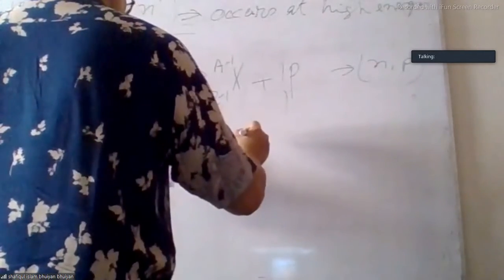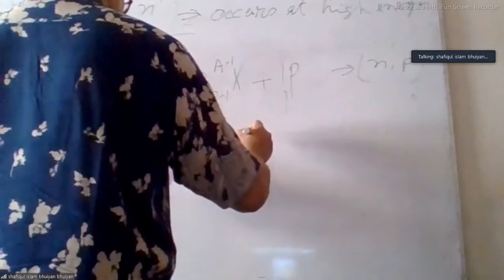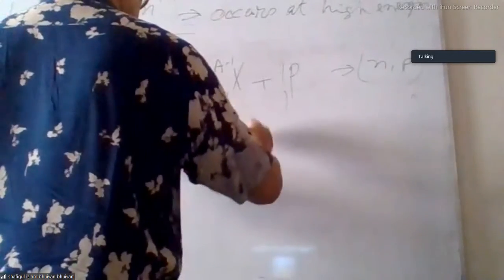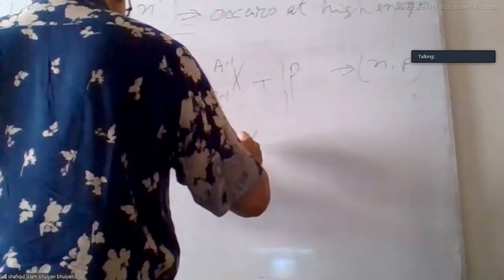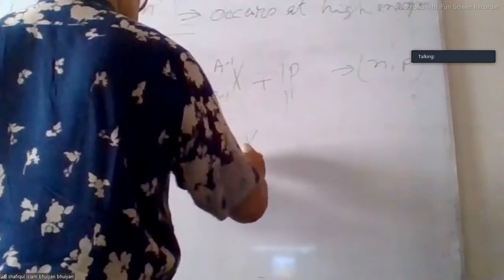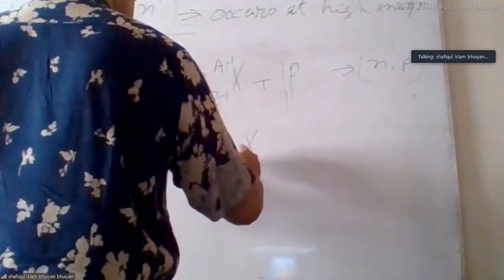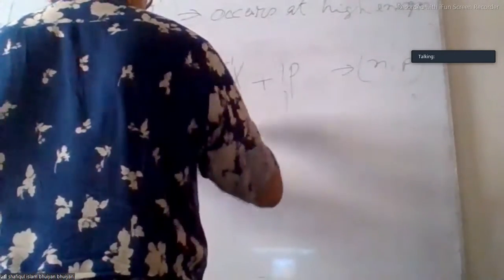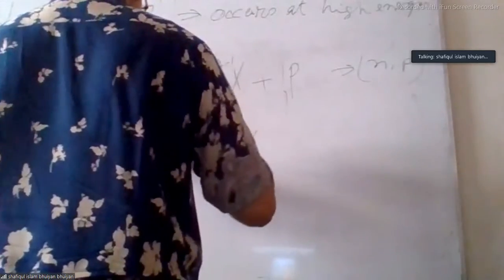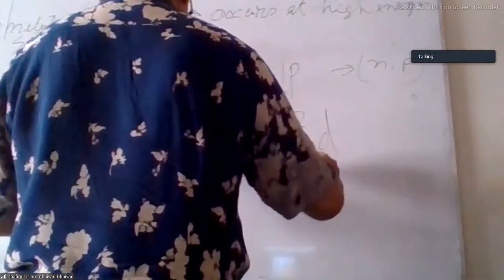Or it can be X with Z minus 1 and A minus 1 plus a neutron.